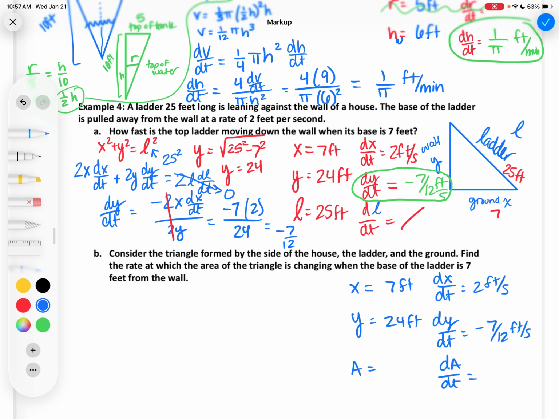So area of a triangle is 1/2 base times height, but I don't have it as B and H in this particular situation. I could have used those, but I had used X and Y. So 1/2 X times Y.